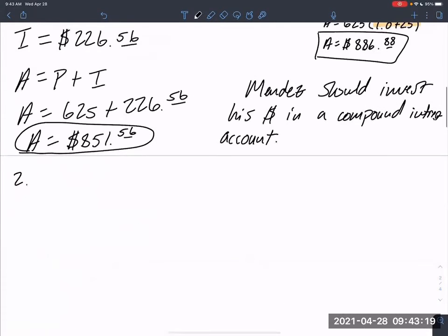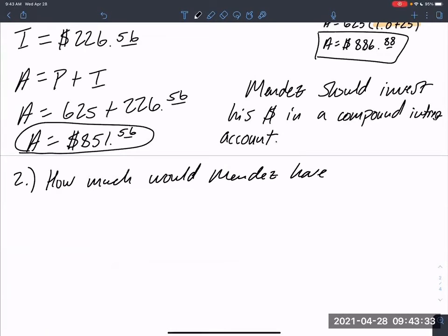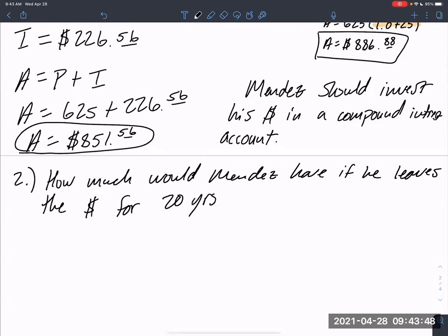So, if you have number 2, I might say, how much would Mendez have if he leaves the money for 20 years? Which, you know what? I do sometimes. I forget. I mean, I just leave money in there, whatever.